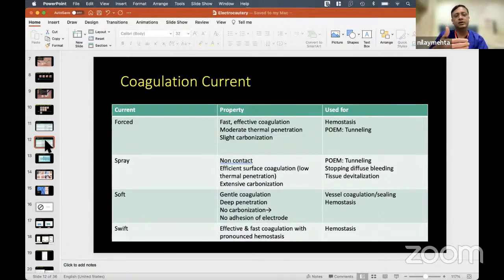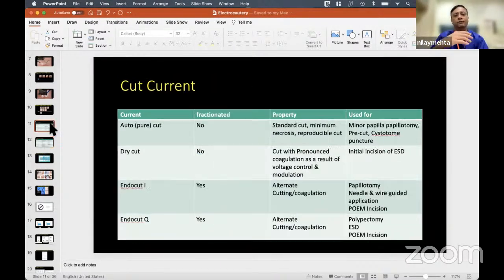I used to do ESD with Endocut I for incision and Endocut Q for dissection. But nowadays, if I'm doing ESD, I use more of dry cut for making an incision, and swift coagulation for dissection.